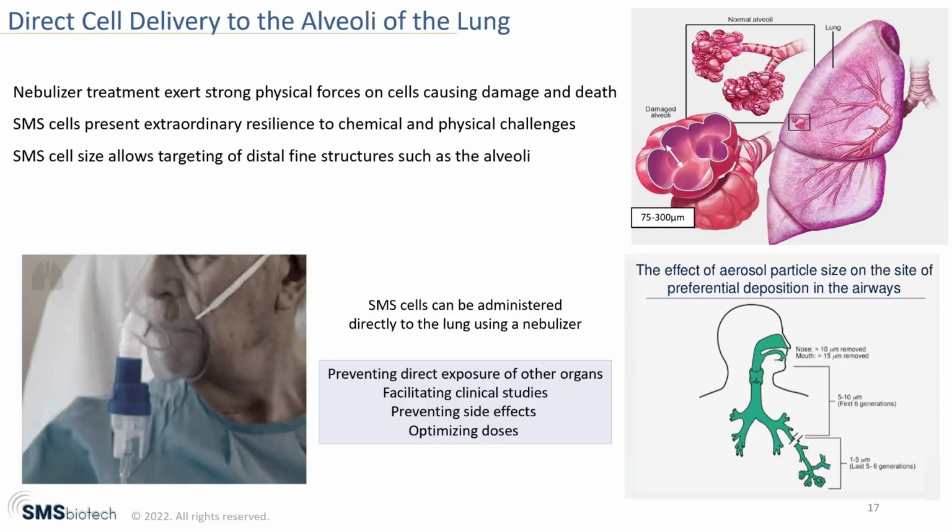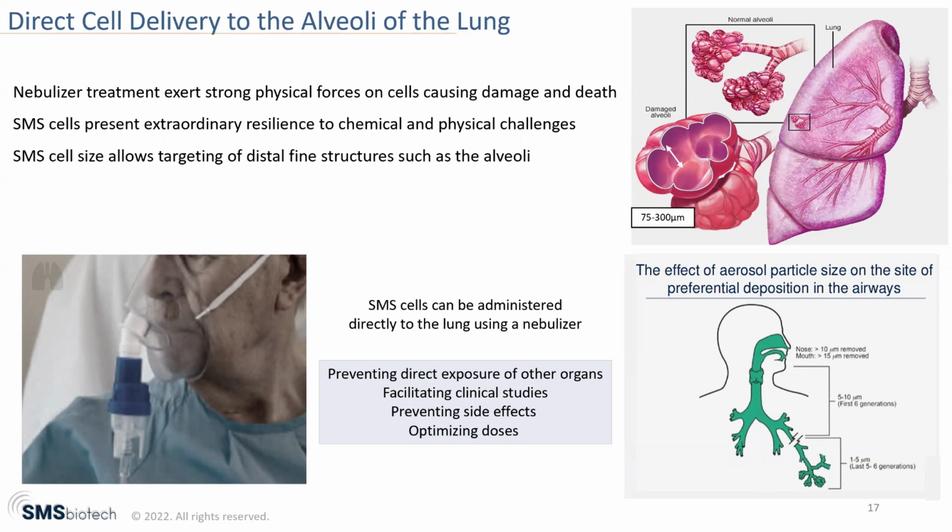Away from these subtle gene expression mechanisms, the small size of these SMS cells, in addition to their resilience, made it possible for us to generate a mist using a nebulizer. And that mist includes the SMS cells and can be inhaled. Indeed, we can run these cells through a nebulizer, creating that mist, and maintain the full functions of the cells.